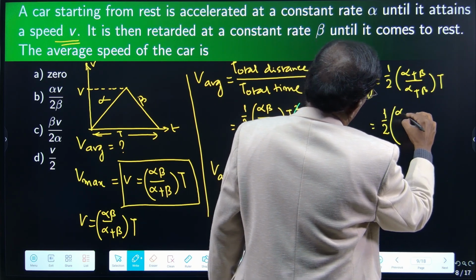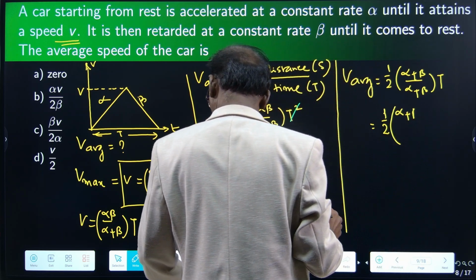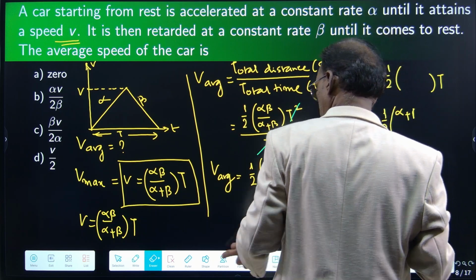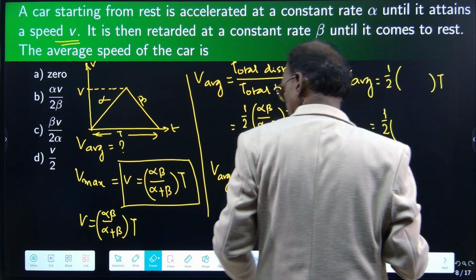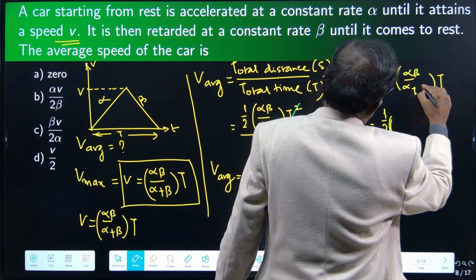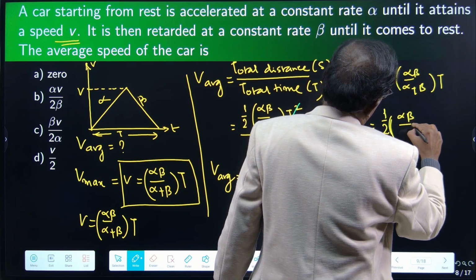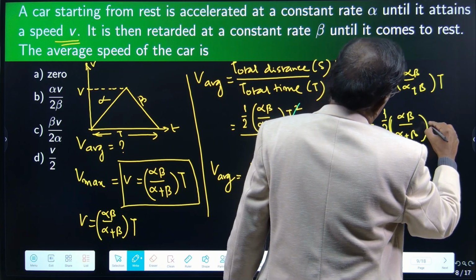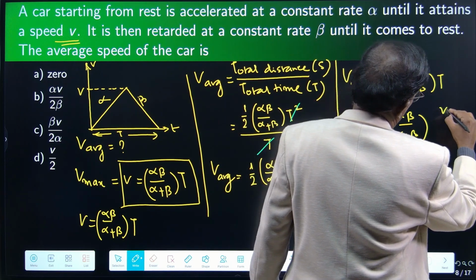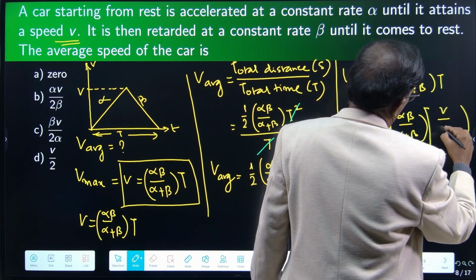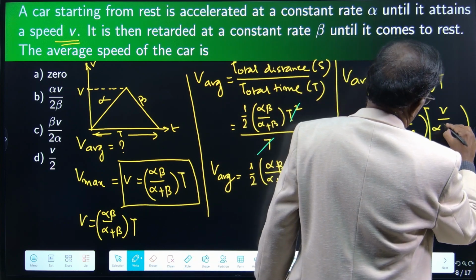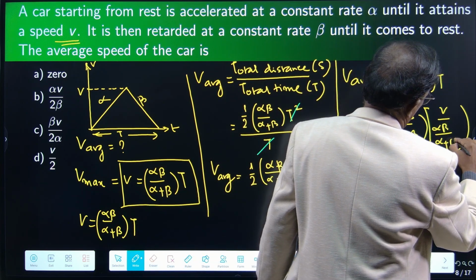So t is written as V divided by alpha beta divided by alpha plus beta.